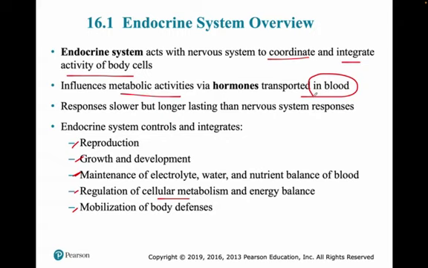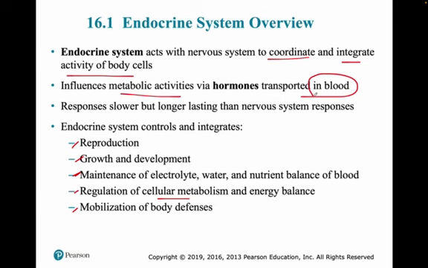Now, as you have studied in the nervous system in 208, nervous system function is very rapid. For example, an action potential stays for just a fraction of a second, right? And then it acts immediately. But the endocrine system is not like that. The effect lasts longer, and it takes time to create the response also.